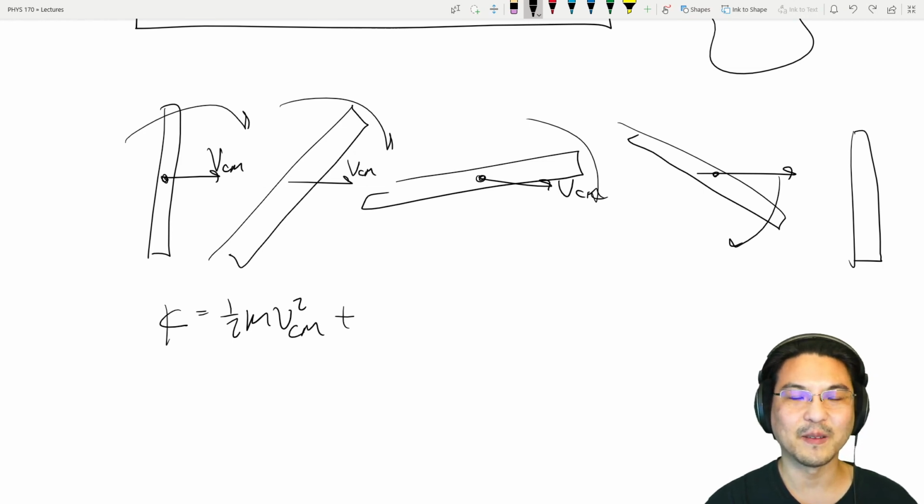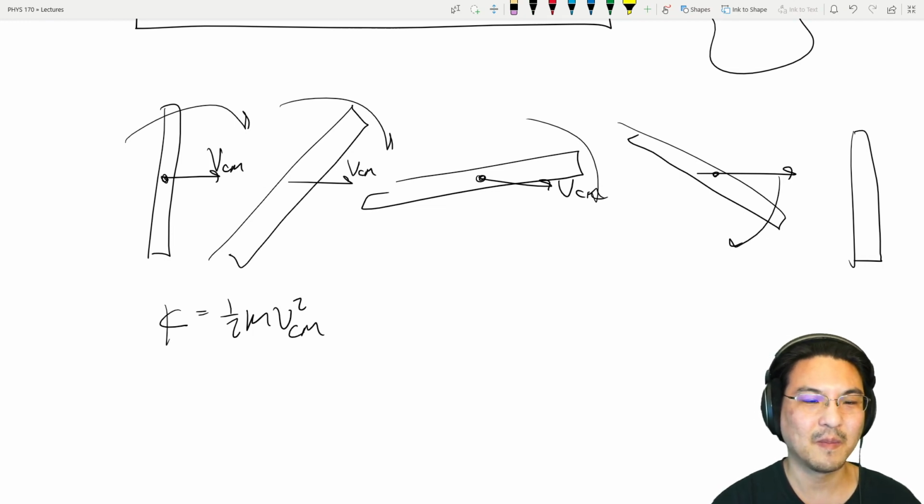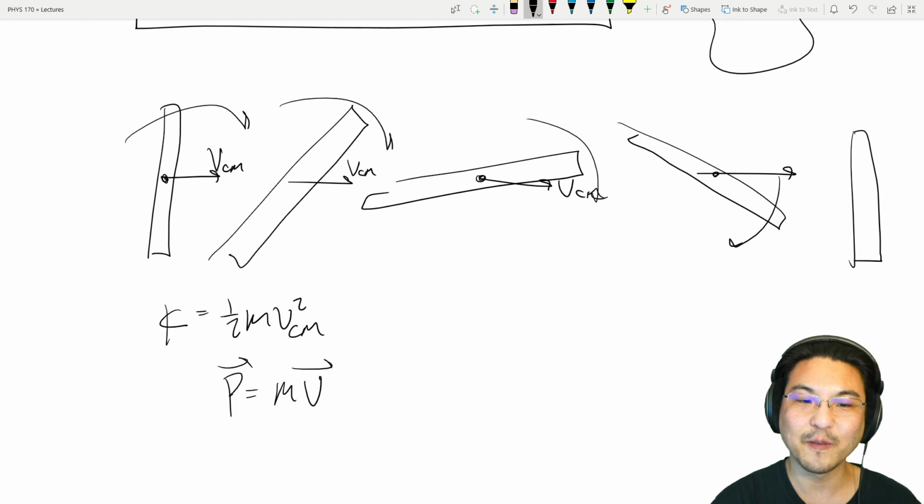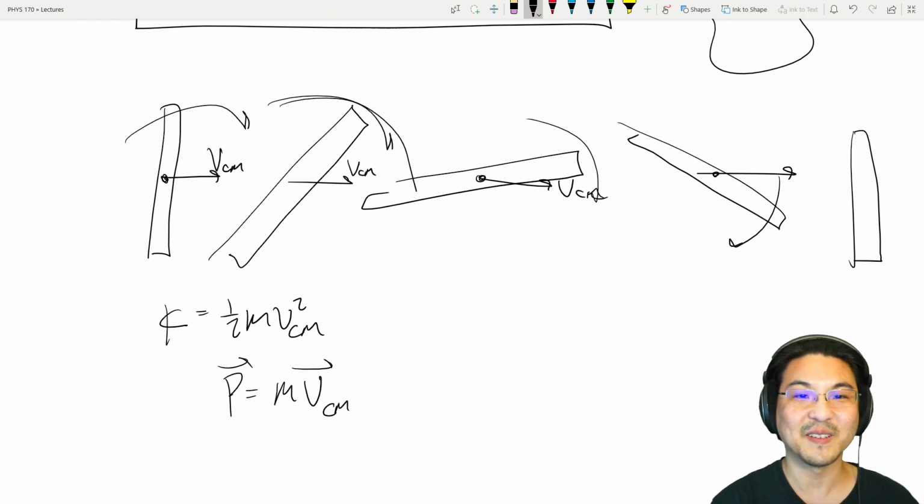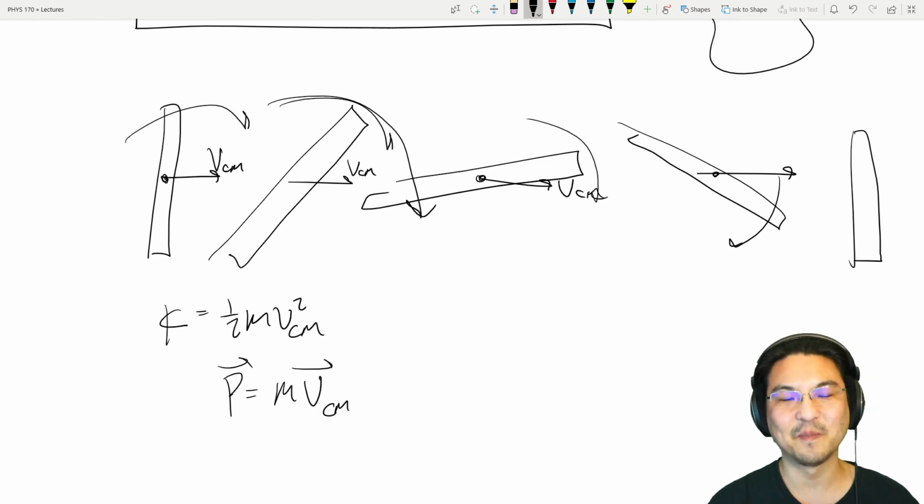And then how about momentum? What's the momentum of this bar? The momentum is mv, mass times velocity, the velocity of the center of mass. Again, it is rotating, so there's going to be something called angular momentum, and we'll talk about that in another video.